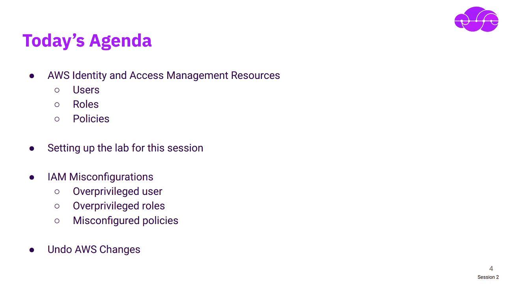And because we have a time constraint, we can't get into a lot of other misconfigurations that these identities would have. But we will get started with misconfigurations that we've commonly seen our customers also have and in the wild as well. And then eventually, at the end of the session, we're going to undo all the AWS changes we've created.